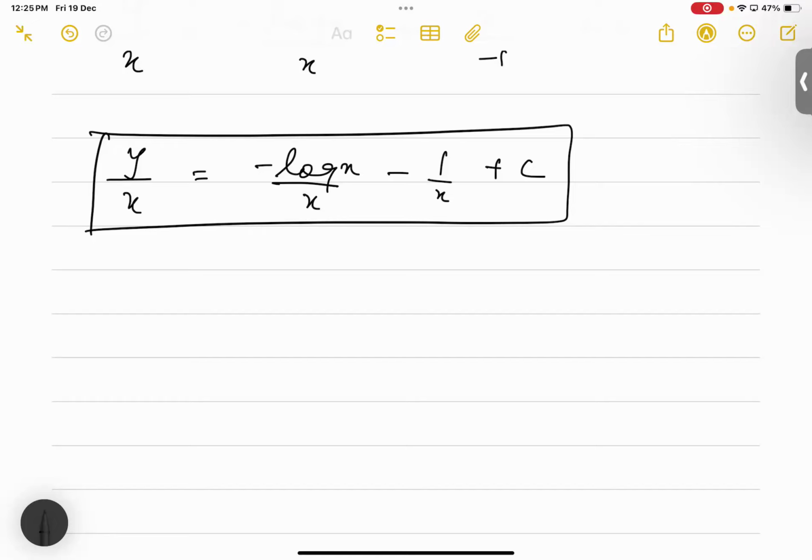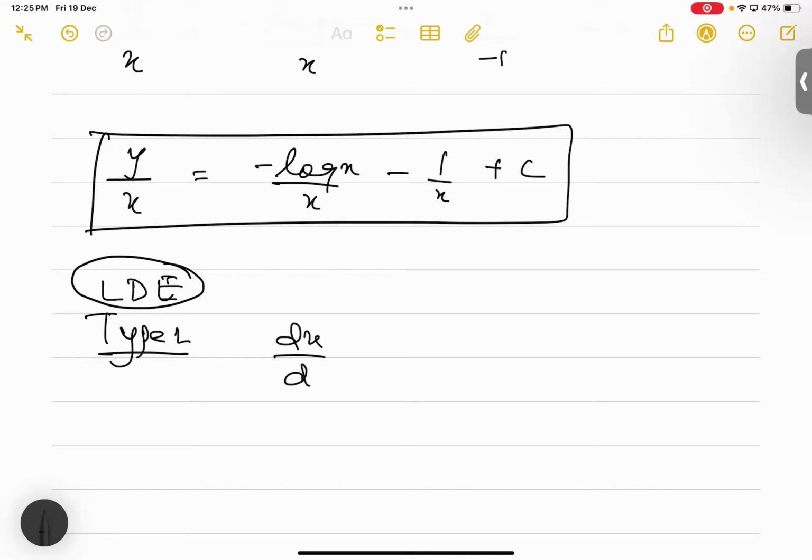Type 2 problems. LDE type 2. So first we are going to write the type: dx by dy plus px is equal to q.